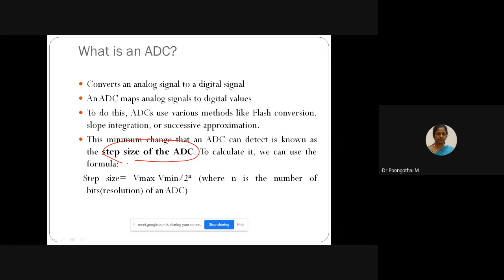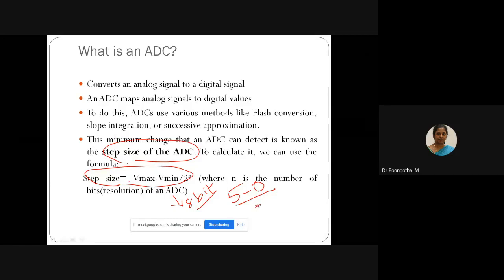To calculate it, we can use this formula: step size equals V max minus V min divided by 2 power n. For example, the maximum voltage is 5 and the minimum voltage is 0. Here n represents the number of bit resolution of the ADC, that is the size of your ADC. For example, let's take 8 bit. So 2 power 8, that is 5 divided by 256.